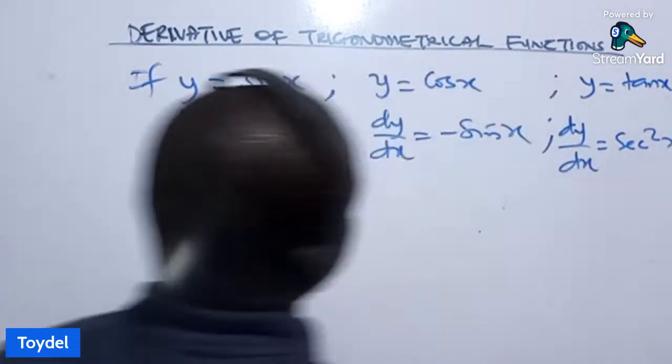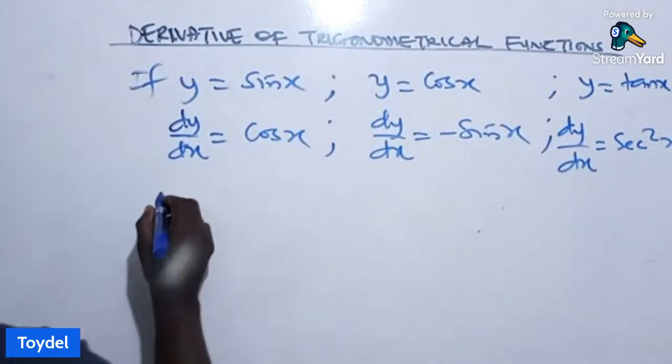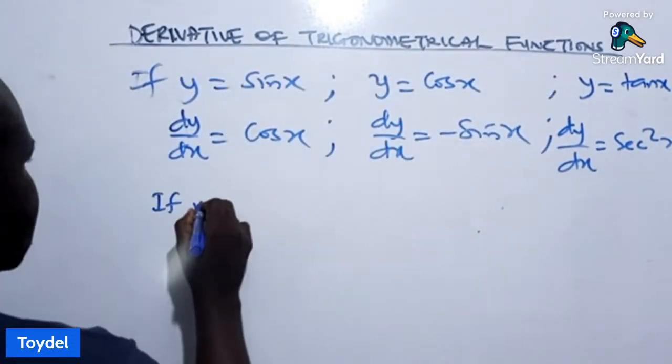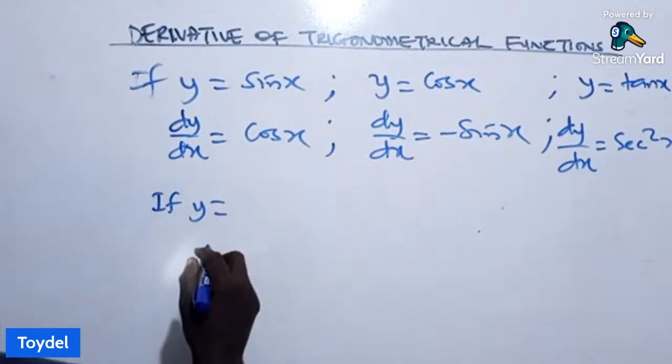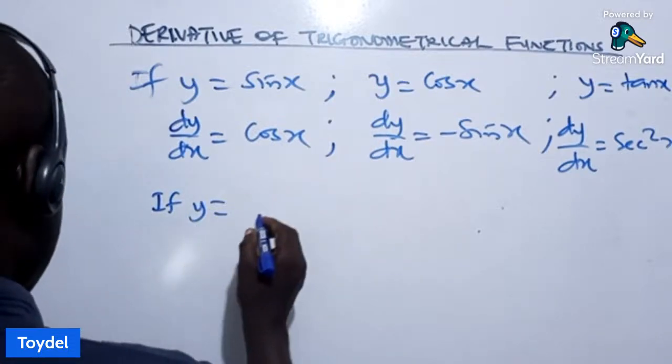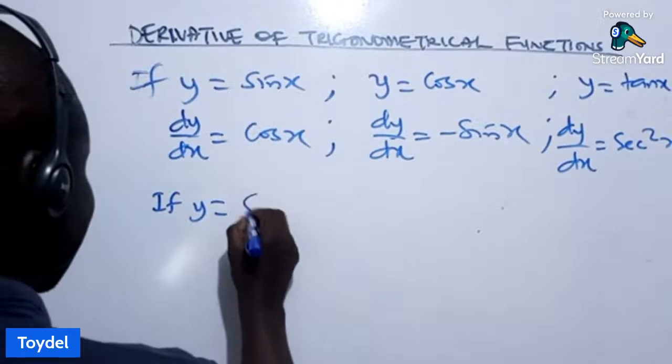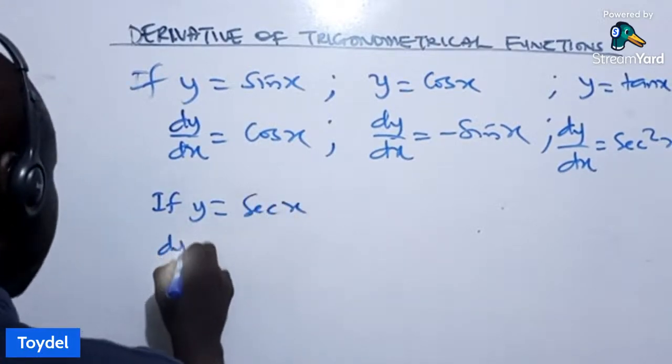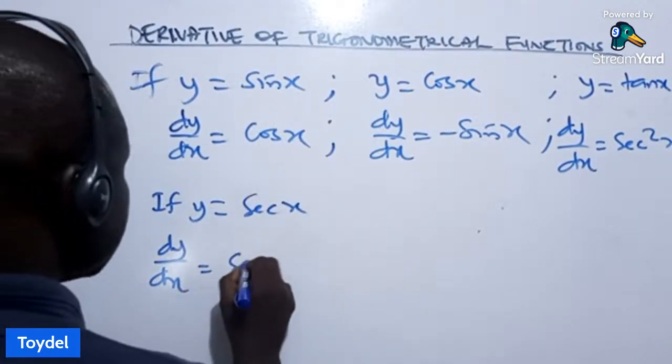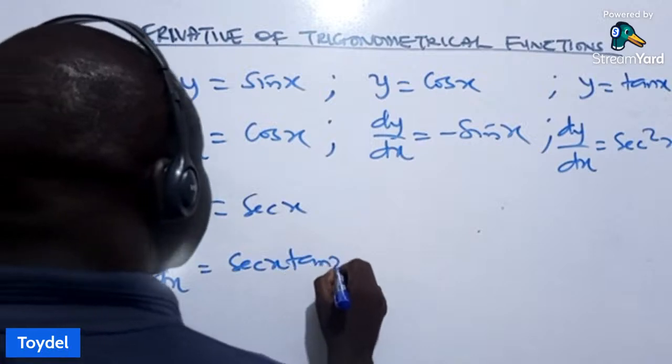square x. Okay. If y is equal to sec x, then dy/dx will be equal to sec x tan x.